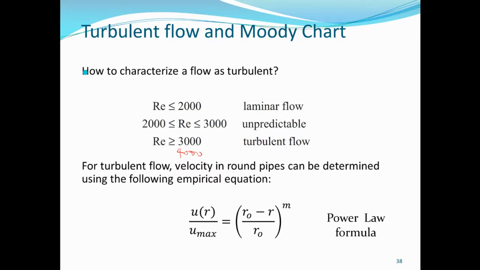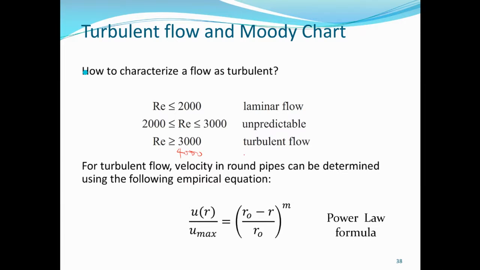But for general applications, laminar flow is classified where Reynolds number is less than 2,000 or 2,300.